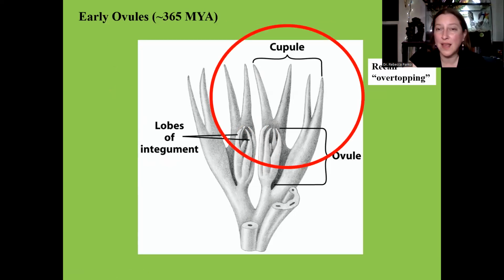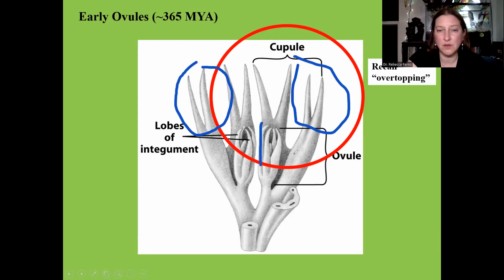What we think happened is, just like we saw for the evolution of the megaphyll, that word overtopping. We think that some branches grew super fast, like these, and some of these didn't grow so fast.